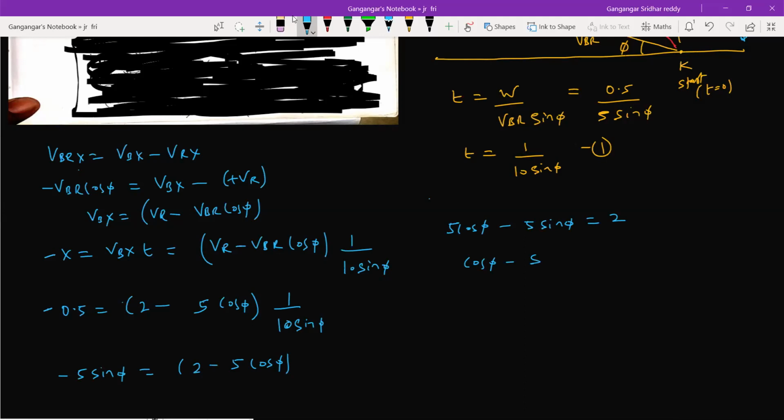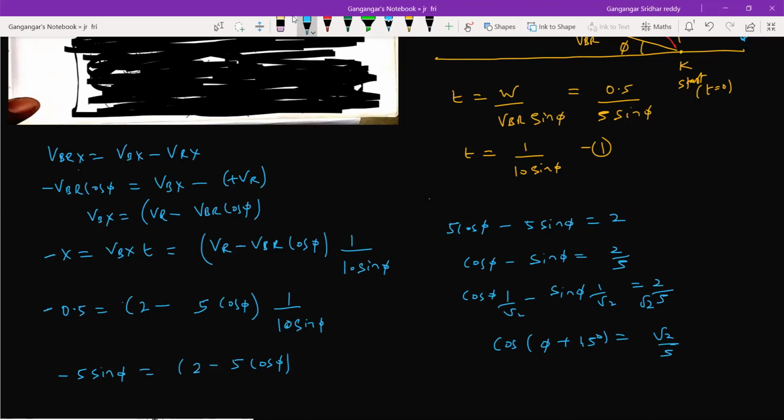So cos phi minus sin phi equal to 2 by 5. So adjust 1 by root 2. So this will be cos A cos B minus sin A sin B. So this will become cos of phi plus 45 degrees, root 2 by 5.